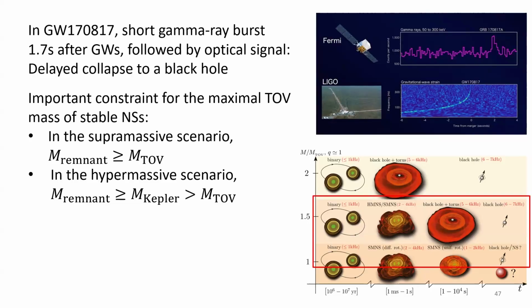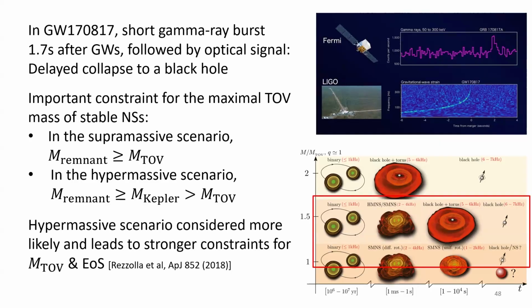The values that come out are about 2.5 solar masses in the supramassive scenario and about 2.2 solar masses in the hypermassive scenario. The consensus seems to be that the hypermassive scenario is the preferred one, which leads to very strong and interesting constraints for both the TOV mass and the equation of state. This was first pointed out by Rezzolla and company.